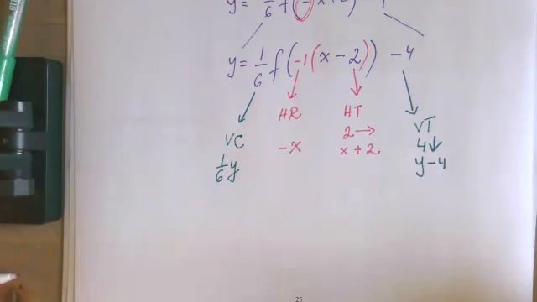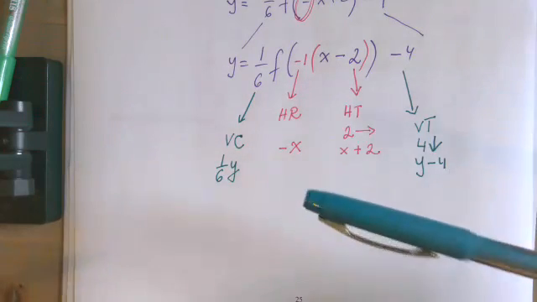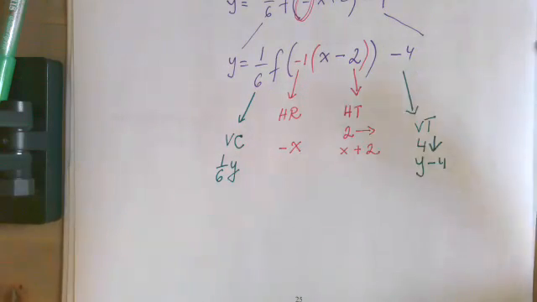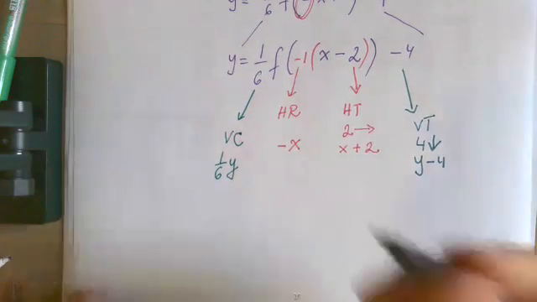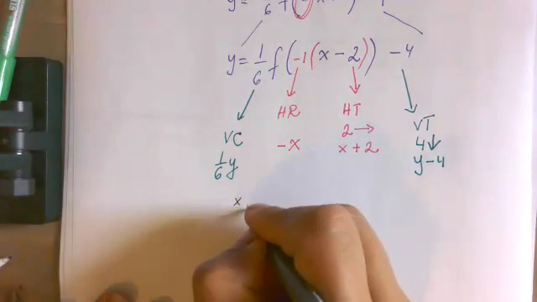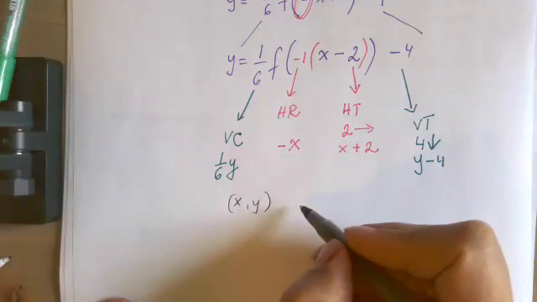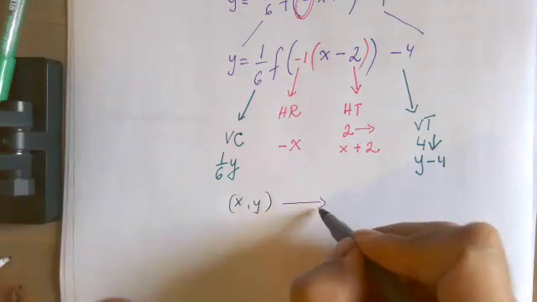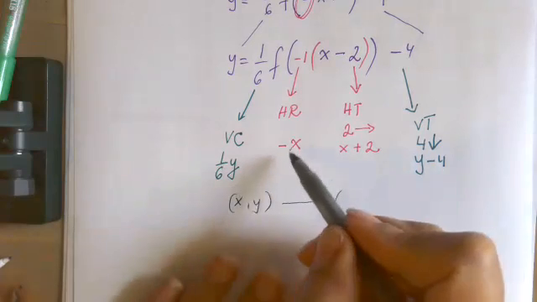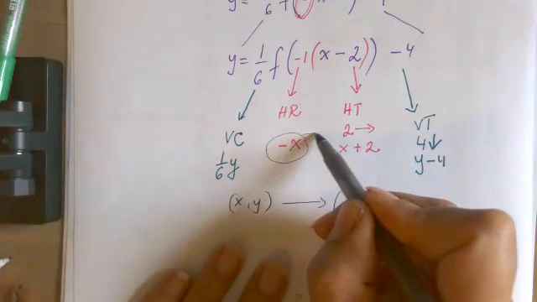Now all we have to do is apply these rules, but consecutively onto the point that we have. I always like to design myself a little bit of a rule to work with. So the point (x, y) on the original function, which is our point (-2, -6), will become the point, and then you take the x, this -x, and you plug it in here.